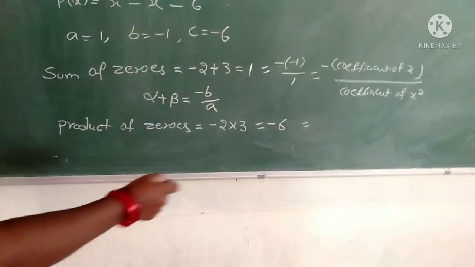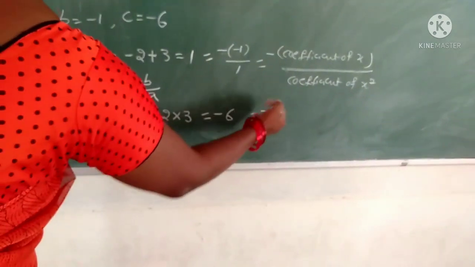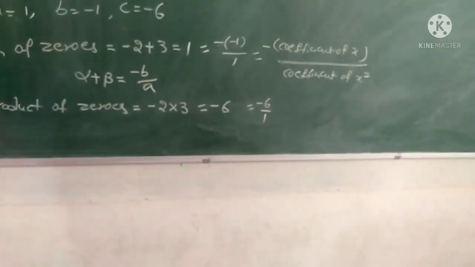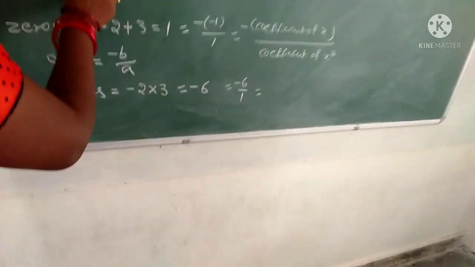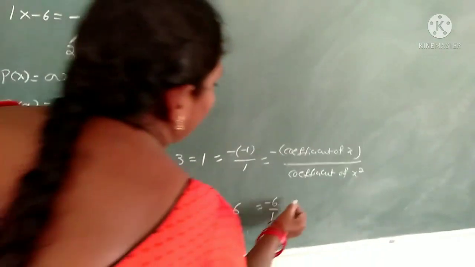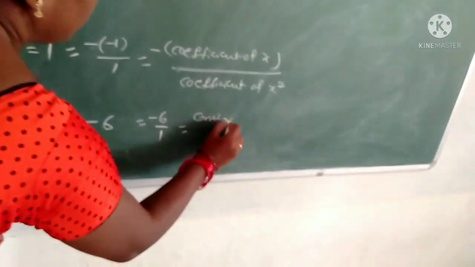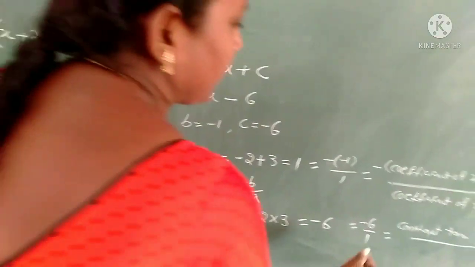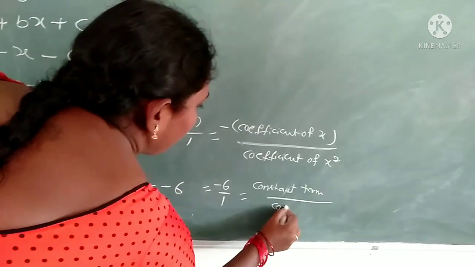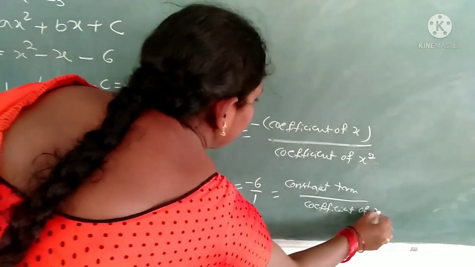We write minus 6 in the form minus 6 by 1, so we get minus 6. Minus 6 is the constant value, and 1 is the coefficient of x square.